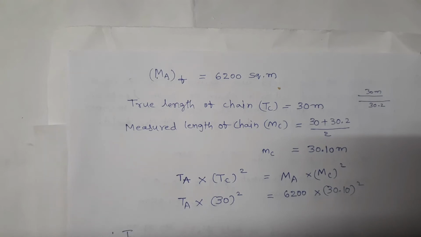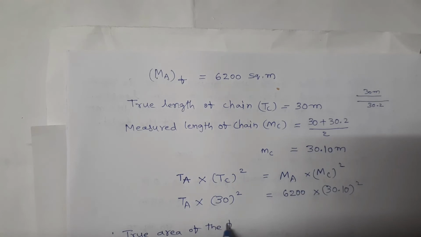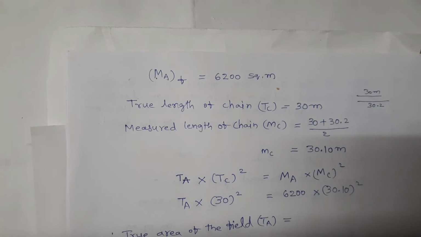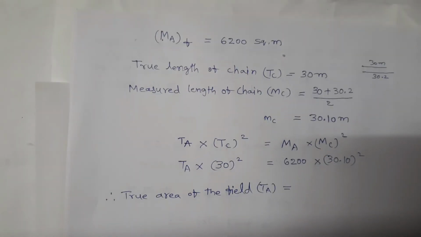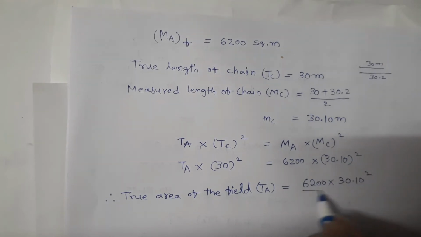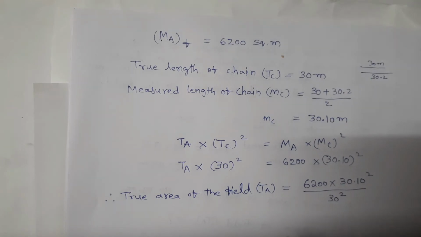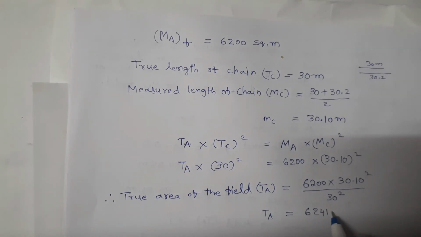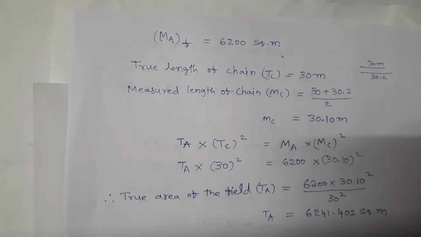Therefore, true area of the field, TA, is equal to 6200 into 30.10 whole square divided by 30 square. TA is equal to 6241.402 square meters.